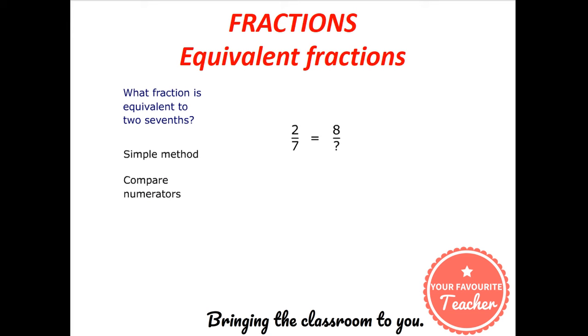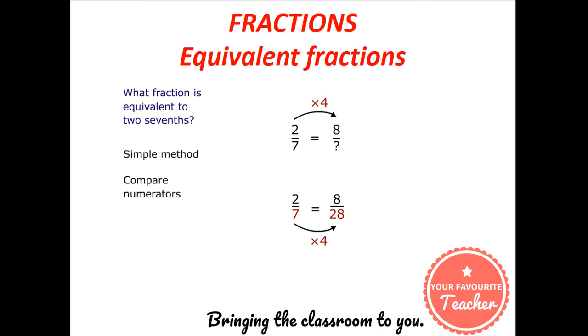To do it, we compare the numerators, and we look at what number we would multiply one by to get to the next. In this case, we can see that 2 multiplied by 4 gives 8, and therefore we have to do the same thing with the denominators to get the answer.